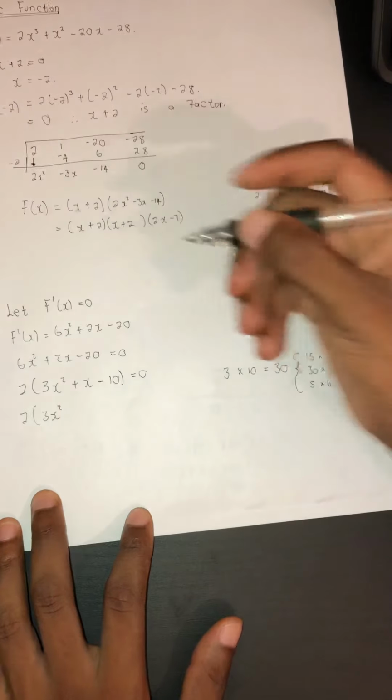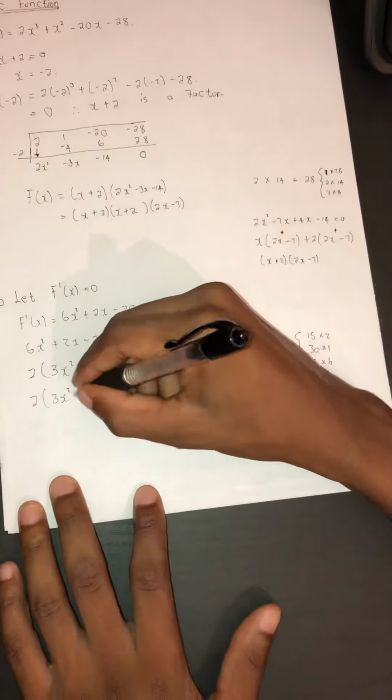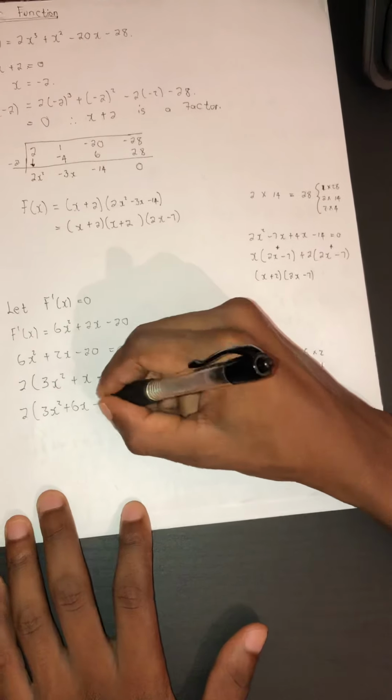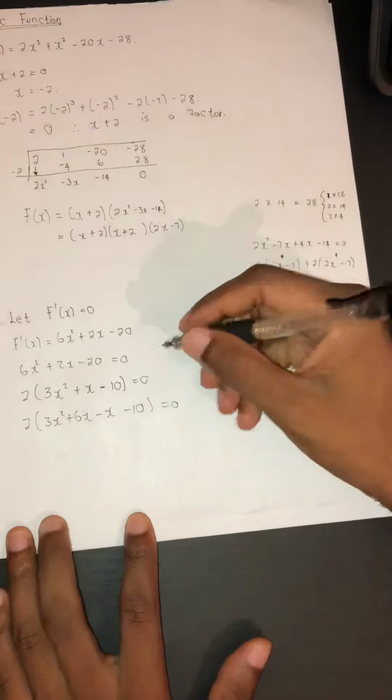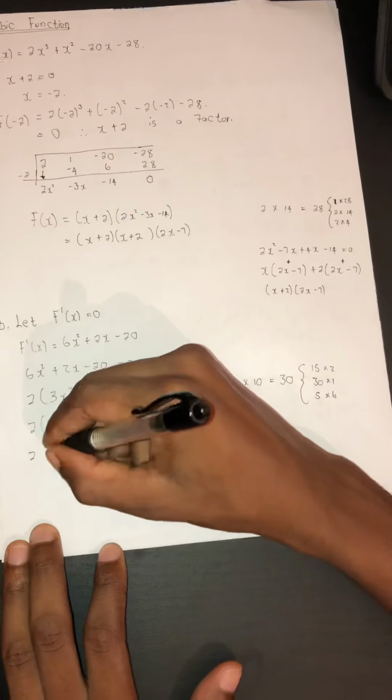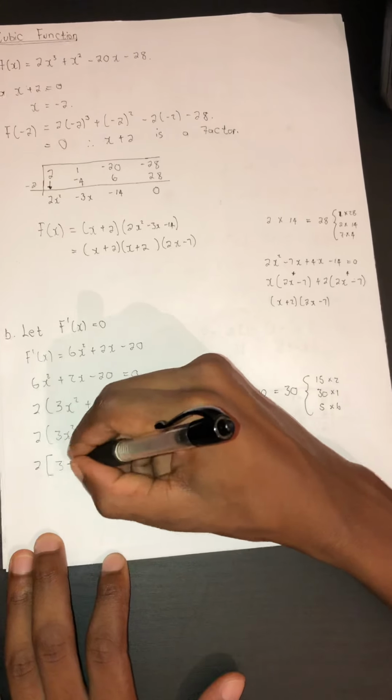3x squared. So instead of having the x, I'm decomposing it into 6x minus 5x minus 10 is equal to 0. And then from the first two, I take 3x as a common factor.